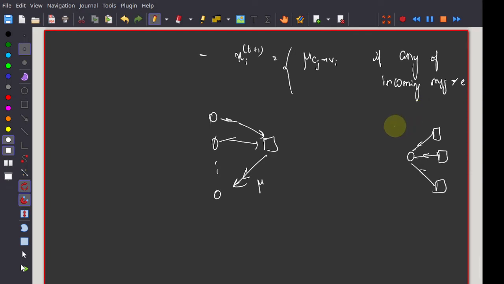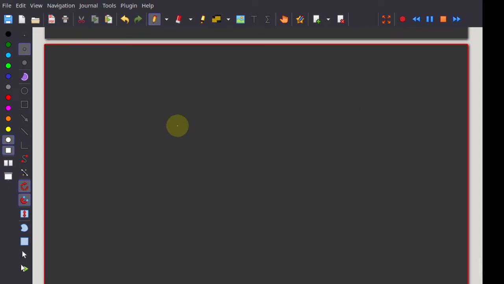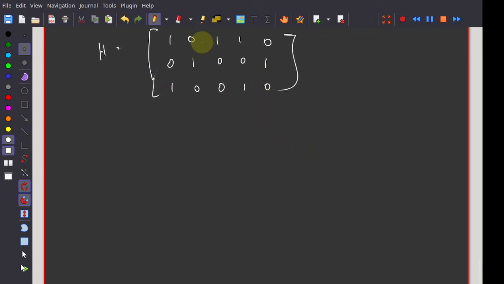Okay? So let's see an example. Let's take some parity check matrix. Suppose I have this particular parity check matrix: 1 0 1 1 0, 0 1 0 0 1, 1 0 0 1 0. Let me draw the factor graph corresponding to this.